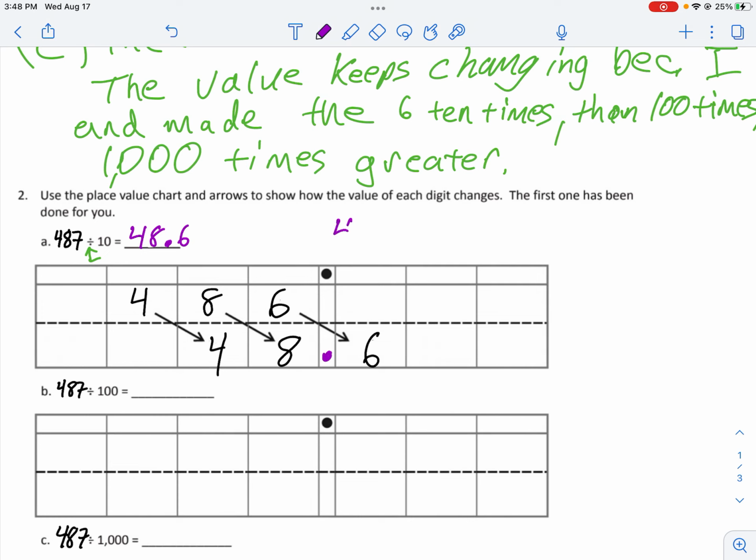If we divide 400 by 10, we get 40. And as you can see, the 4 lands in the tens place.